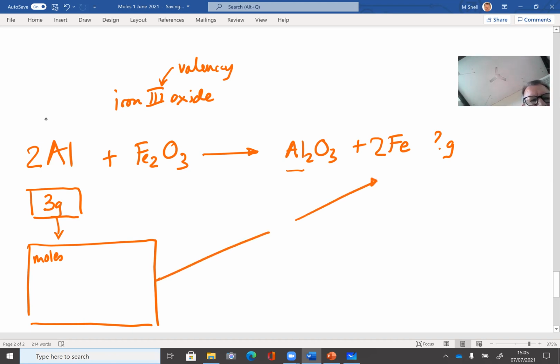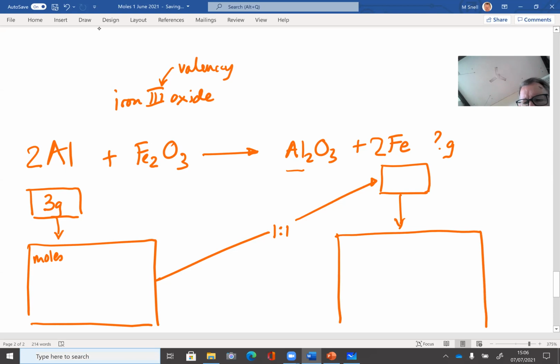And the ratio is quite simple because it is 2 to 2, which is just the same as 1 to 1. So however many moles there are of aluminium, I will get the same number of moles of iron. And then in this big box down here, you can work out the grams, because grams equals moles times AR.